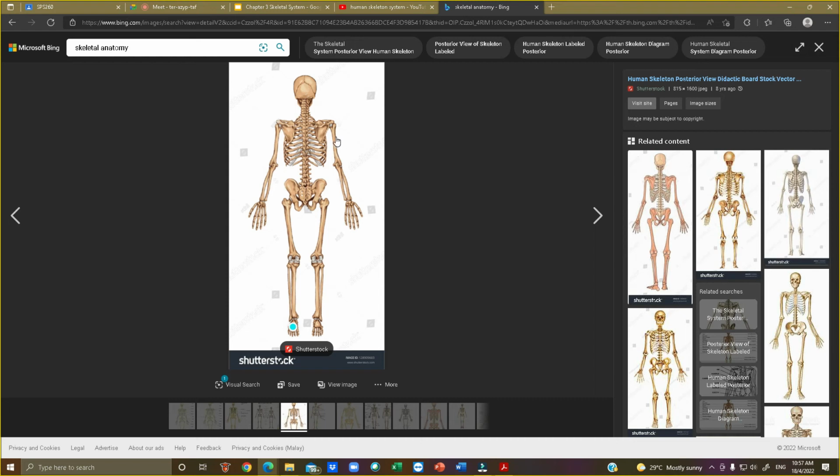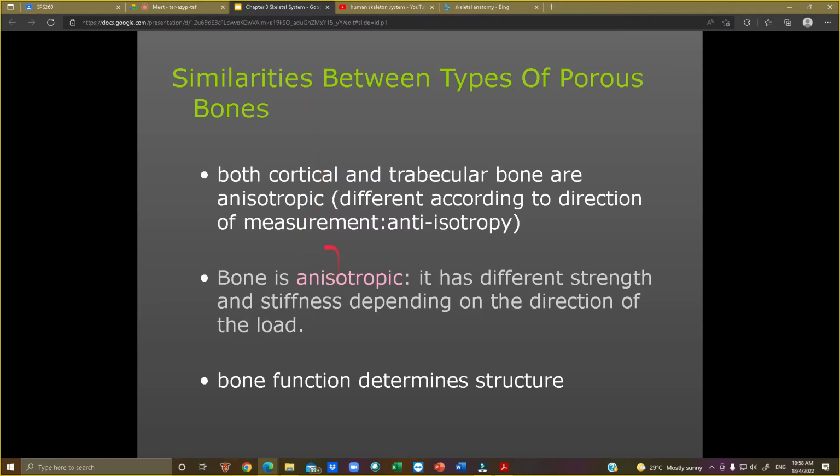Kalau tak percaya, senang letak tangan kita tegak-tegak macam tu, suruh orang pijak kamu punya femur, dia patah. That is the meaning of anisotropic. Meaning the bone stiffness depends on the direction of the load. And which direction? It depends on the function.